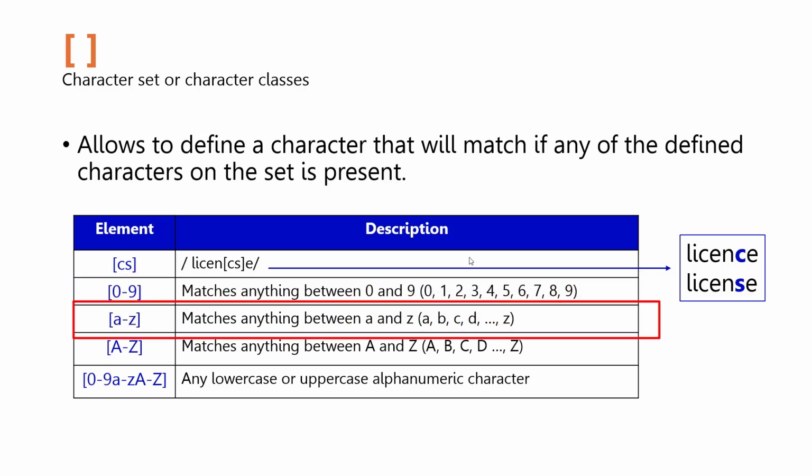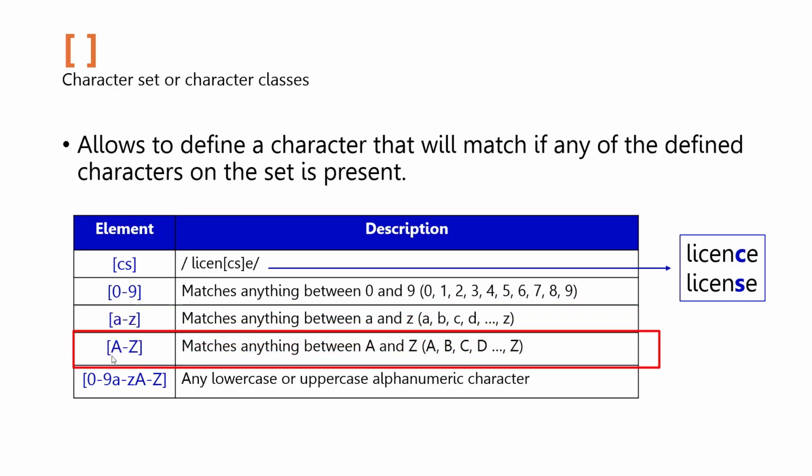Similarly, we can also define a range of letters between a to z, something like this. In this case we have the lowercase a to z, so all the letters between a and z are going to be matched. Similarly, for capital letters, which is the uppercase, we can do the same range.